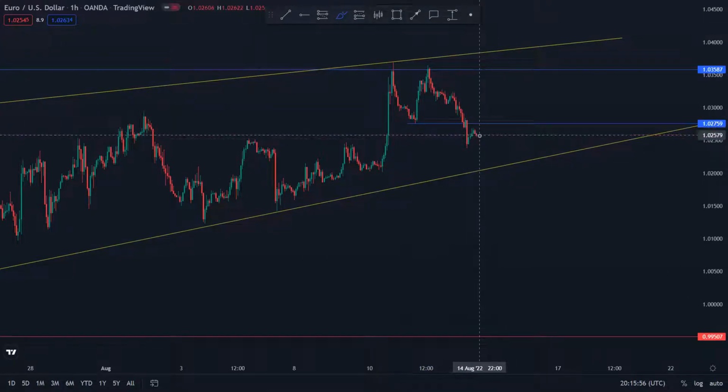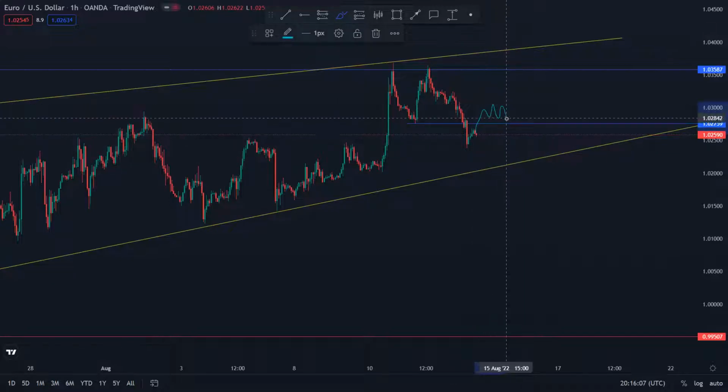So we can still be looking for buys, a short-term buy on this pair. We want to see price push back in and give us a tight flag this way. Then we can look for short-term buys towards these levels here.